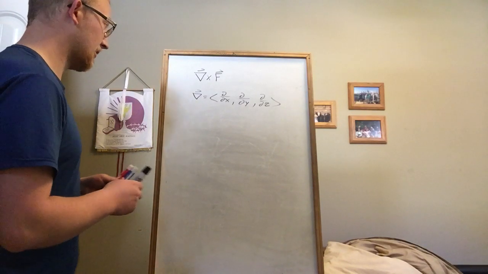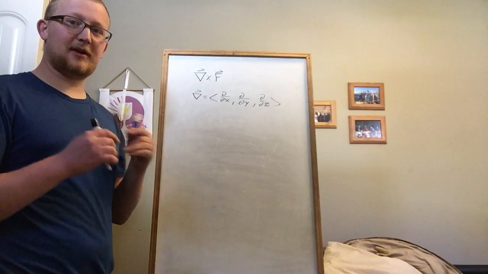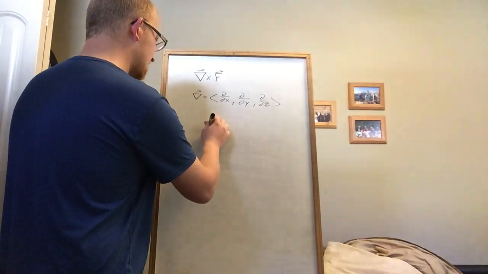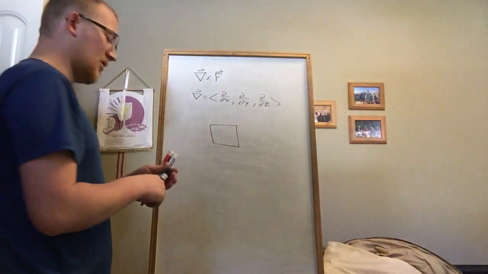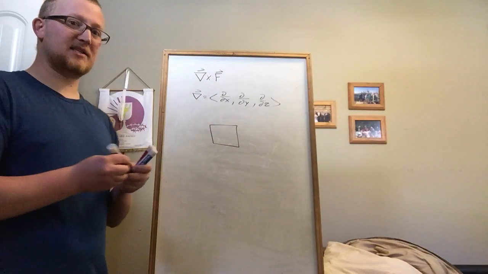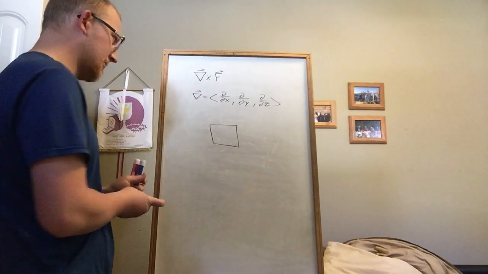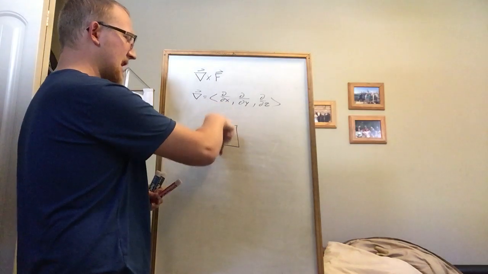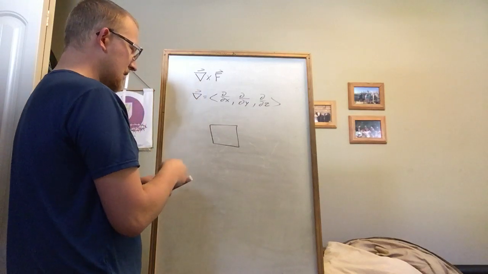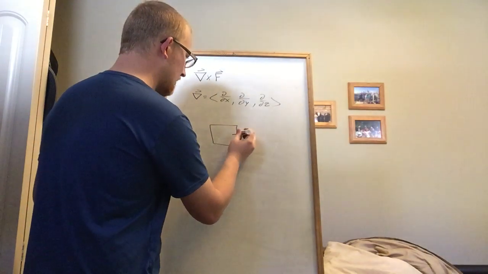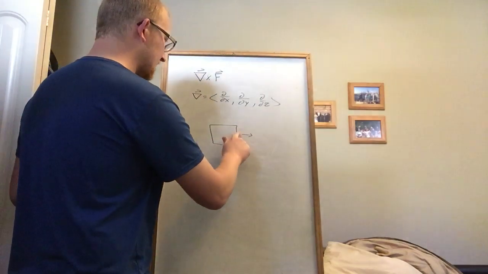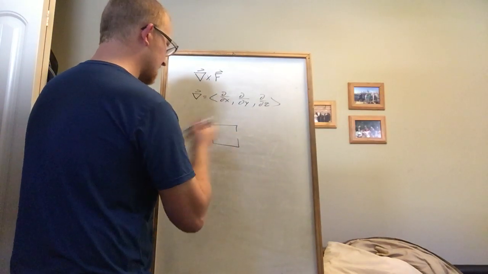And so for curl, last time we were looking at things going in and coming out of a small infinitesimal. It doesn't need to be infinitesimal, but we're kind of treating it that way. So before, divergence had more to do with lines that were perpendicular to the surface, and that was what divergence was about.